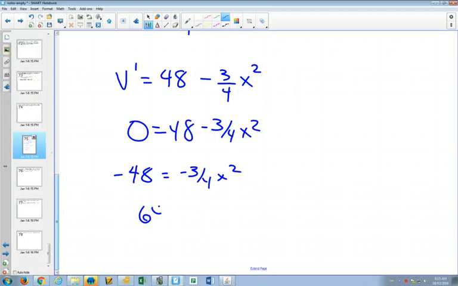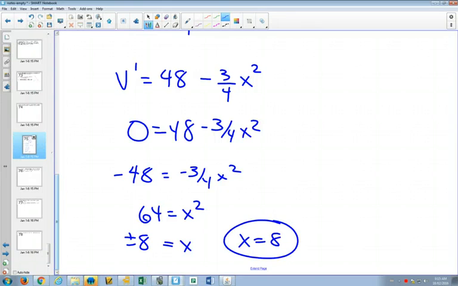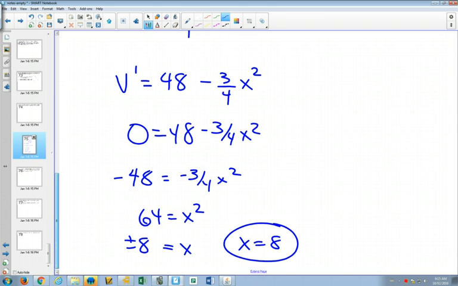Divide by 3, multiply by 4, you get 64 equals x squared. So x equals plus or minus 8. But based on our idea, the only one that makes sense would be that x is equal to 8. So I got the 64 by multiplying by 4 and dividing by 3.